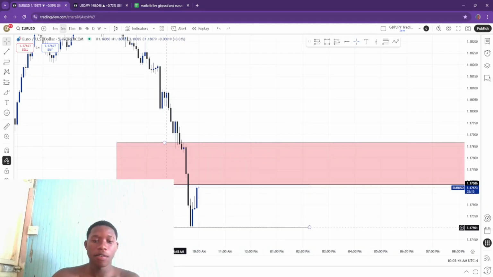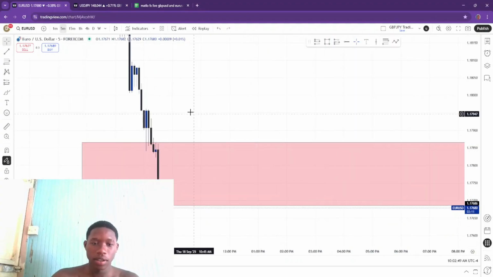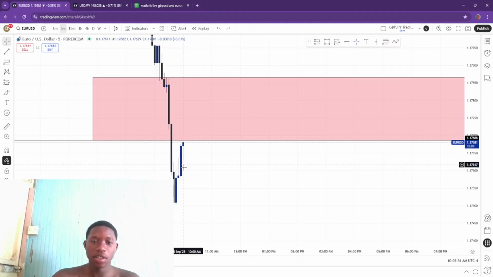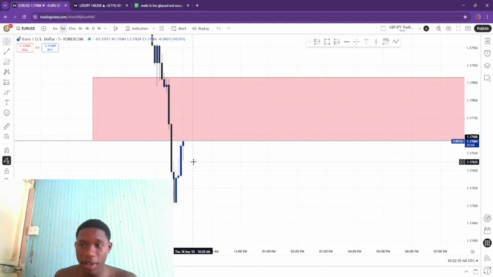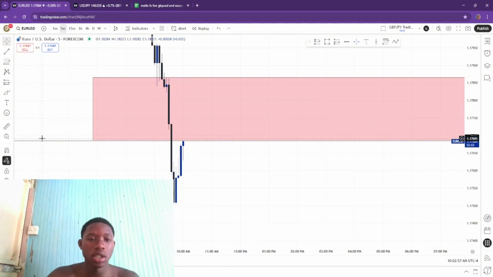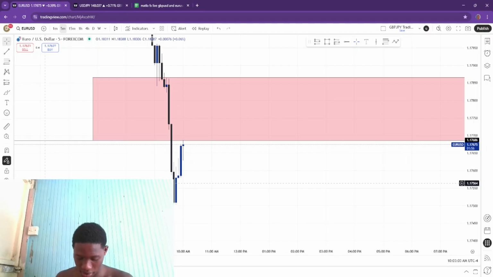Let's move the Fibonacci. On the 5 minutes, price has to create its own liquidity point above that halfway point, which is 17686.